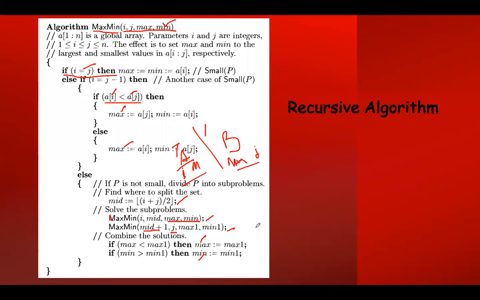See, for 5 elements, 6 elements, 10 elements, the first algorithm might be better. We talk about algorithm performance for larger values of n. If the n value increases, which algorithm might perform better?